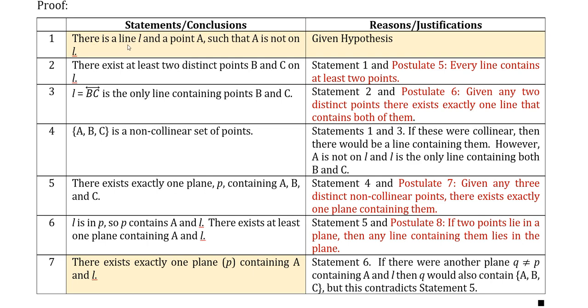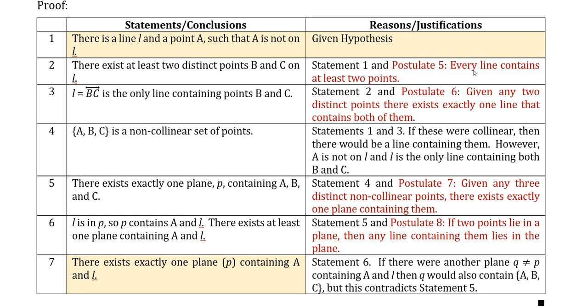So we started with there exists a line L and a point A such that A is not on L. Now that we have a line, we can use postulate 5. Postulate 5 says every line contains at least 2 points. Notice you must have a line first. So this one basically could be rewritten as saying if L is a line, then there exist points B and C on that line, which is exactly what we've said here.